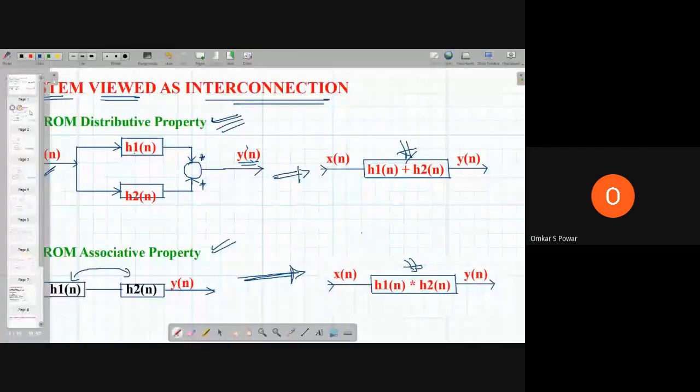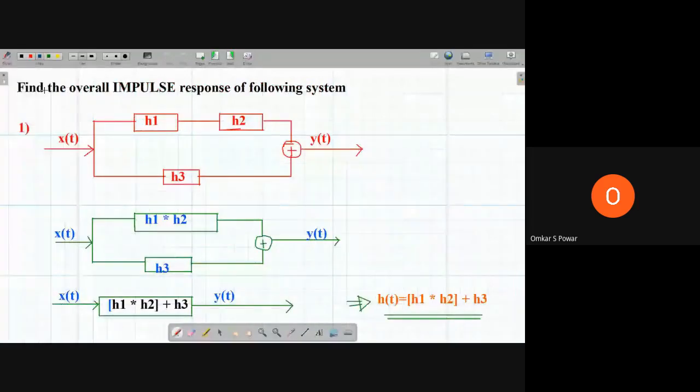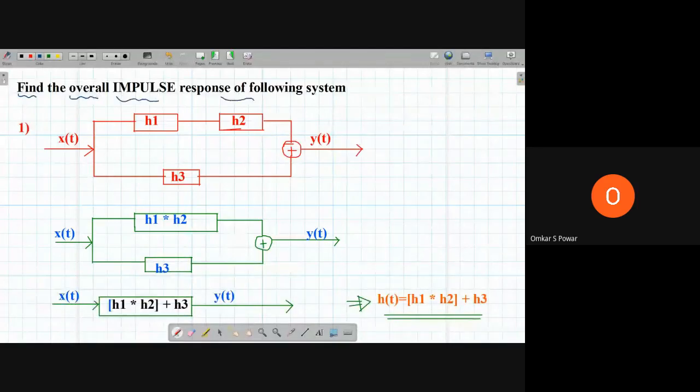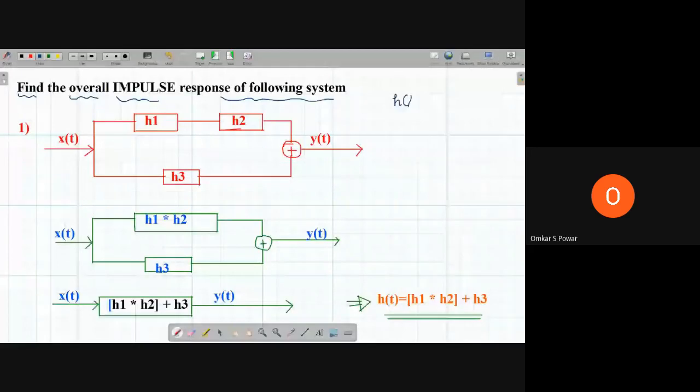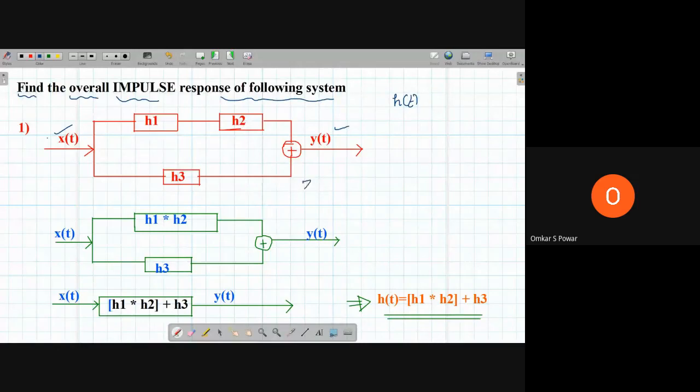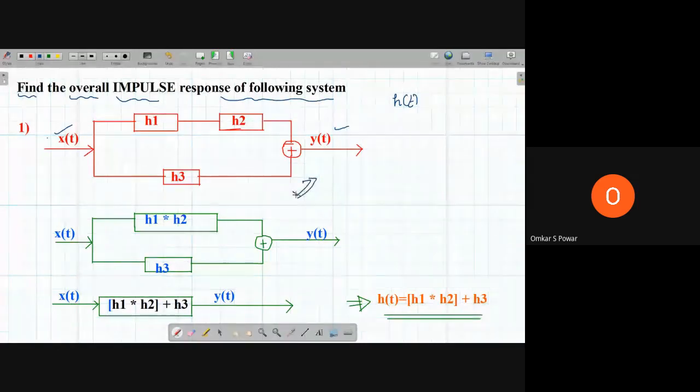In the exam, they will ask you to find the overall impulse response of the following. The impulse response is h of t or h of n. In the question they have given input x of t, output y of t, and h1, h2 and h3. I have already drawn this because drawing takes time. We will go step by step.